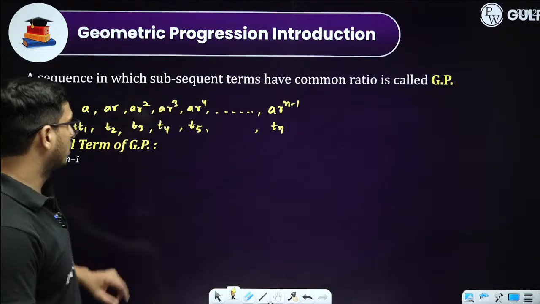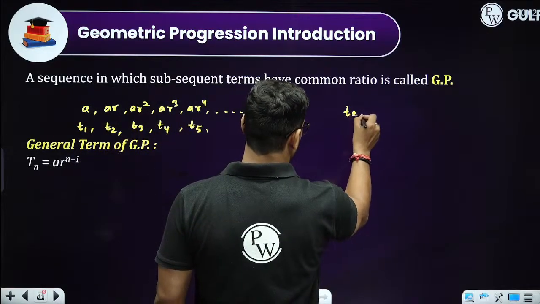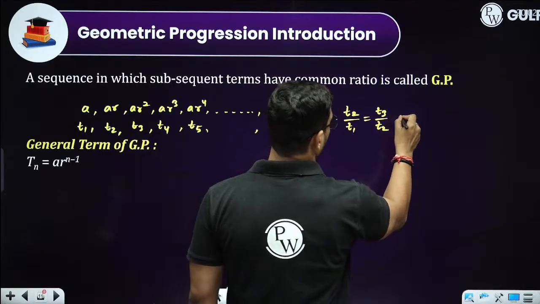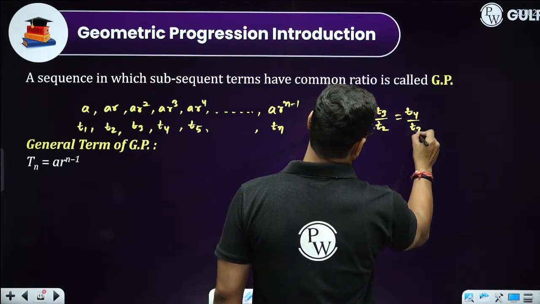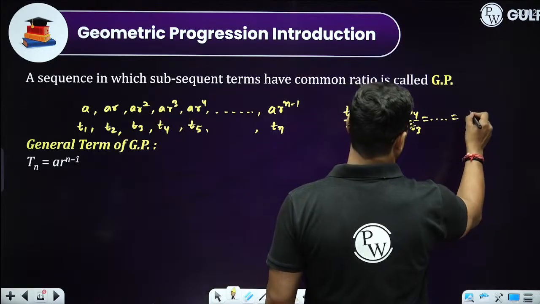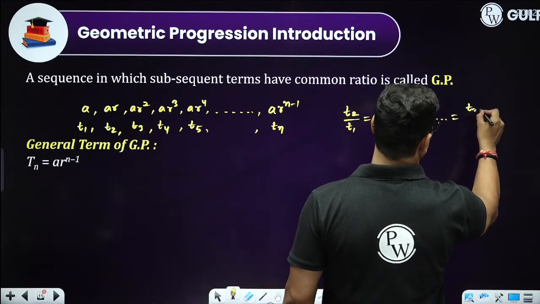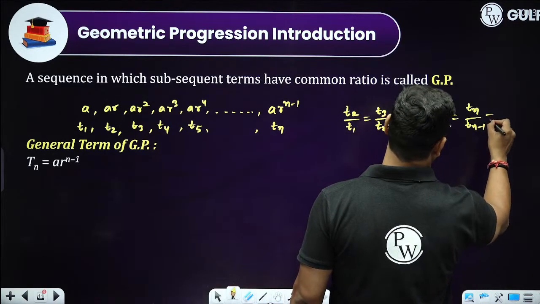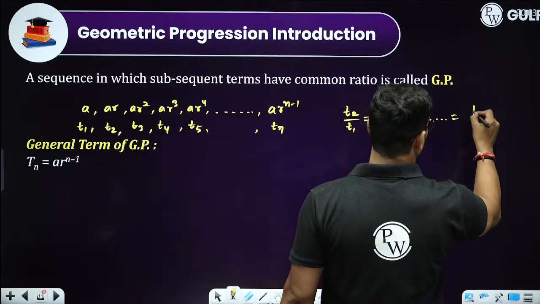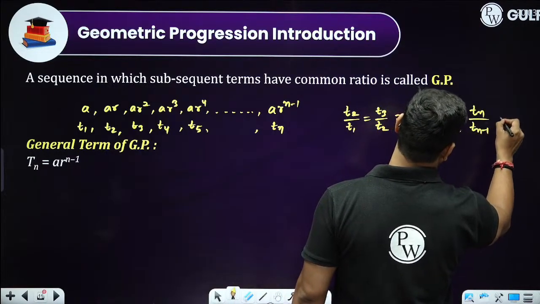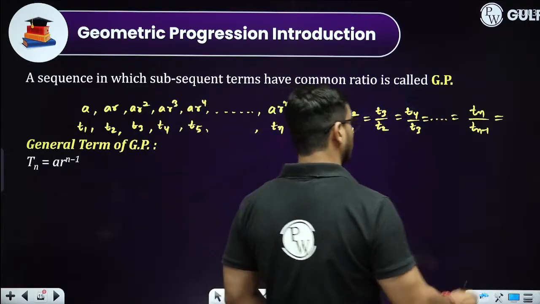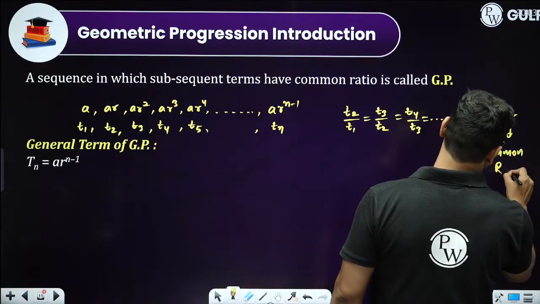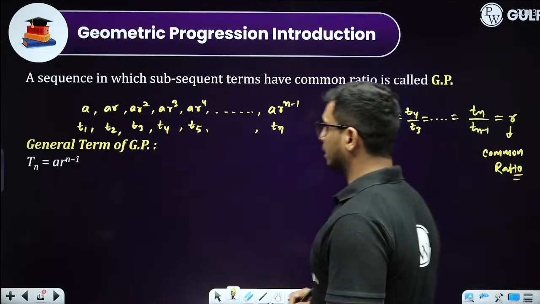So can I just say T2 by T1 equals T3 by T2 equals T4 by T3 and so on, and that is Tn by Tn minus 1. That ratio, Tn by Tn minus 1, is called R. This is the common ratio. We'll talk about that also.